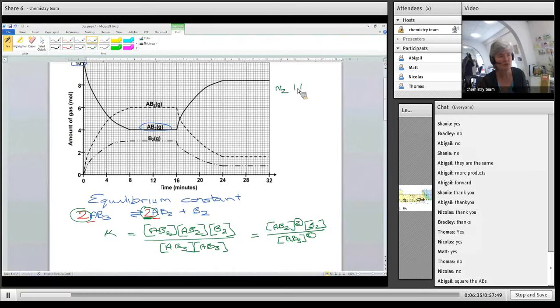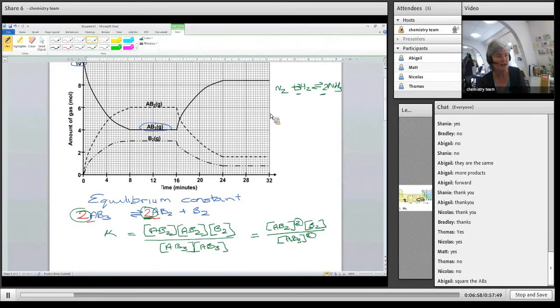So for an example of a common reaction that is often given, if I react N2 and H2 to form NH3. If we balance that, you'll have a 1 in front of the N2, a 3 in front of the H2, and a 2 in front of the NH3.